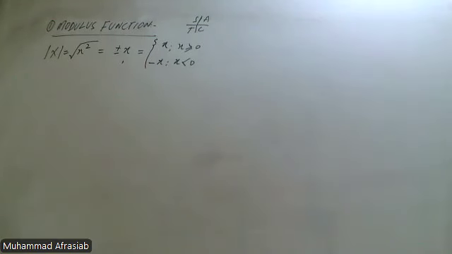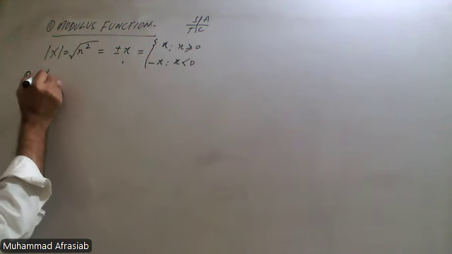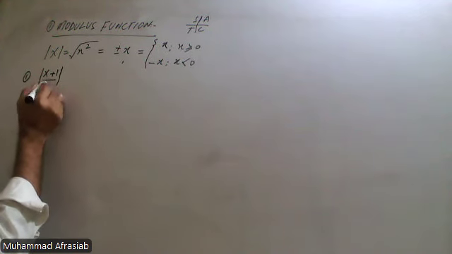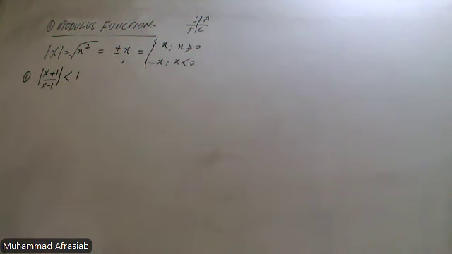Now we will solve some challenging questions for this modulus function for A2 levels. Let's say question number 1 is |x plus 1| divided by |x minus 1| is less than 1.